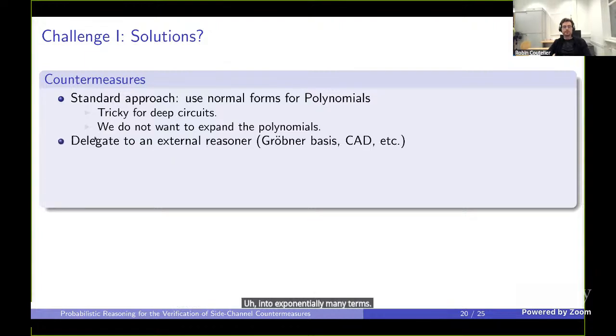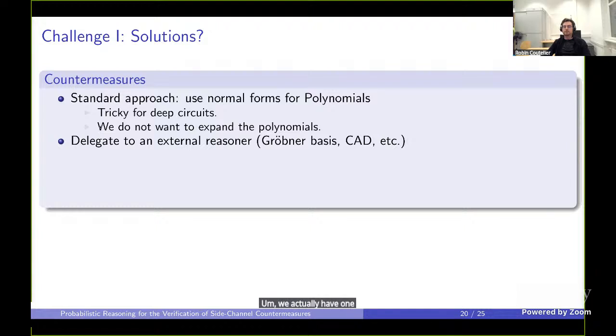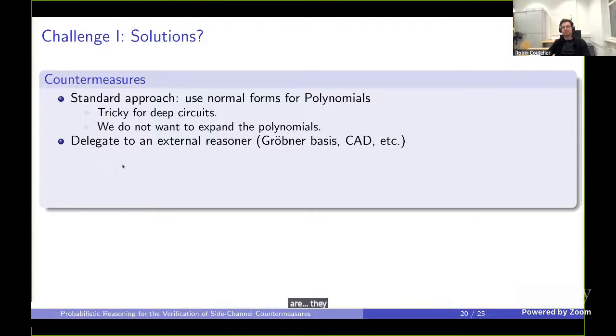Another solution is just give it to a Gröbner basis or CAD solver. We actually have a Gröbner basis expert on our team, and she told me don't do this because the polynomials just hurt. Double exponential complexity. And from what I understood, this is a worst case complexity, but also a most case complexity, let's say.